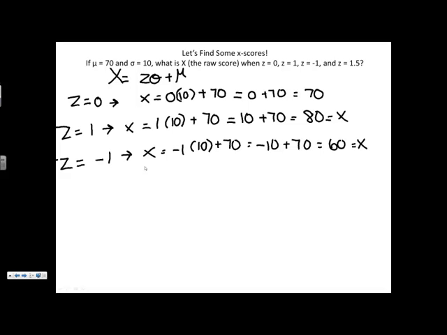In other words, what score is 10 less than 70? Well, 70 minus 10 is 60. And then the last one, z equals 1.5. So x equals 1.5 times 10 plus 70. So 15 plus 70 equals 85.